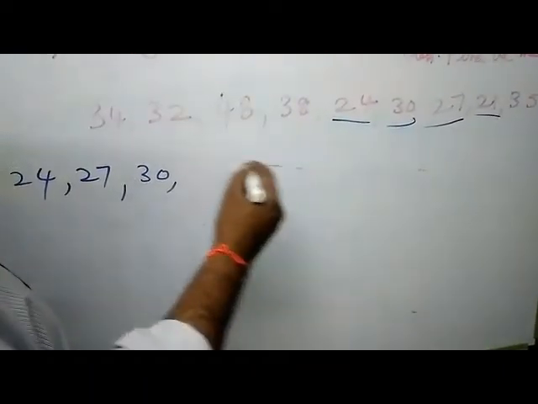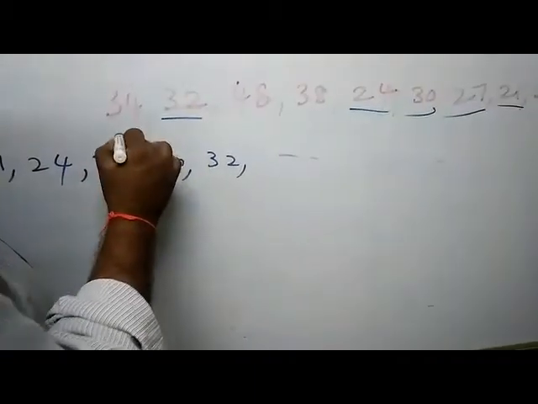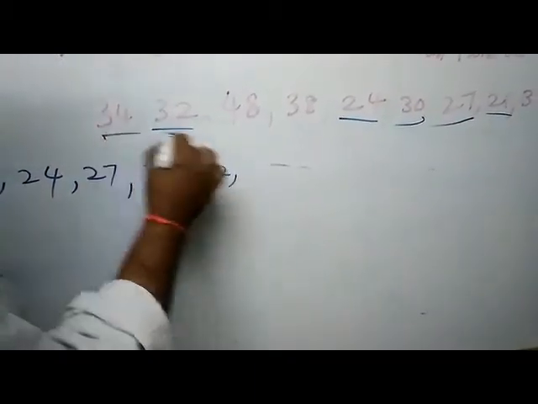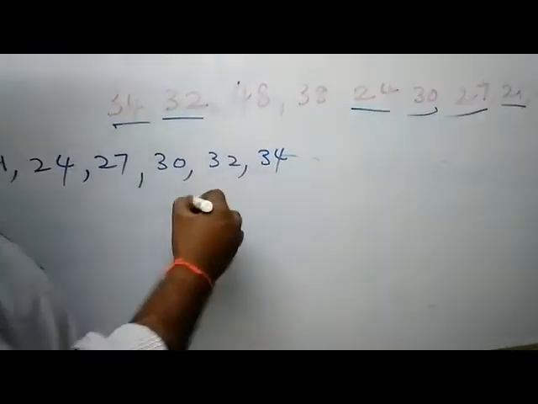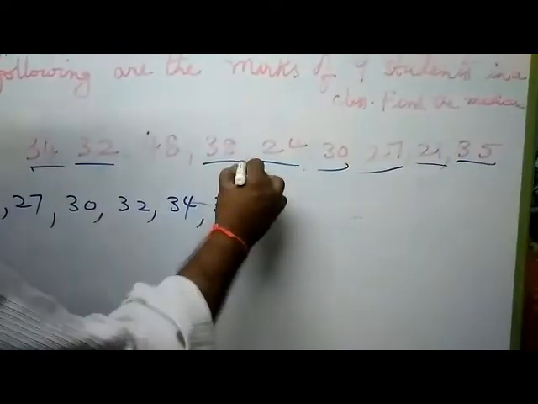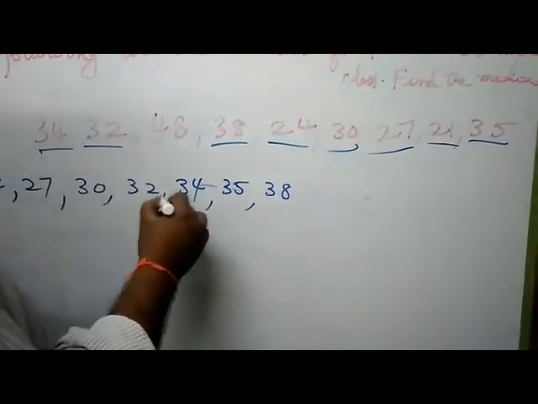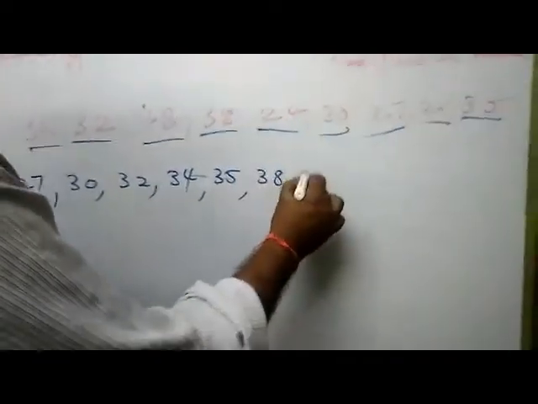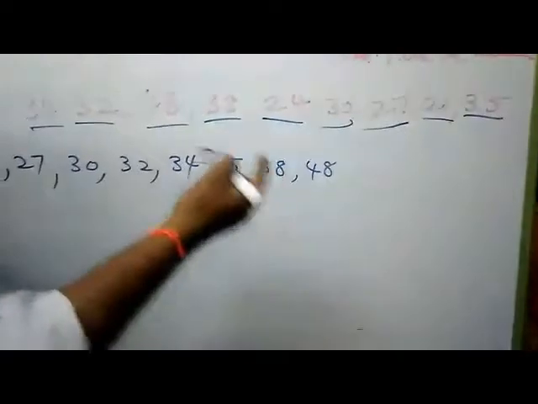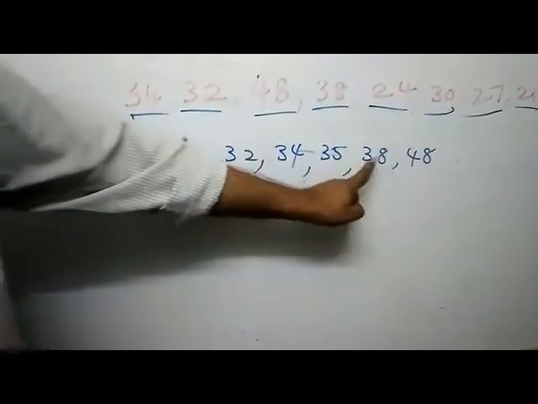The next one is 32, then 34, then 35, then 38, and the next one is 48. Total 9 students. Once again, you check: 1, 2, 3, 4, 5, 6, 7, 8, 9.